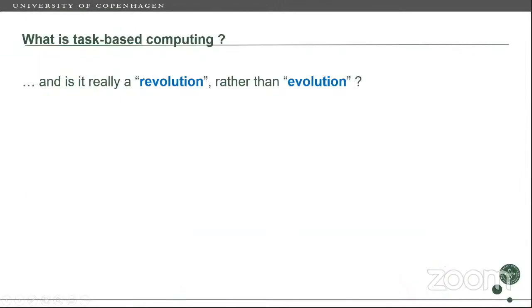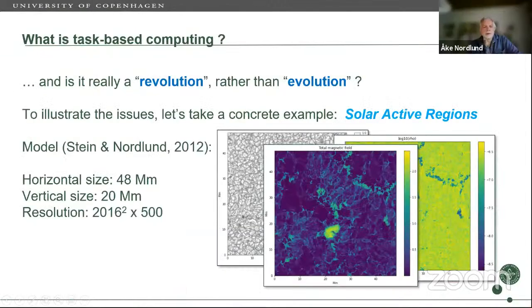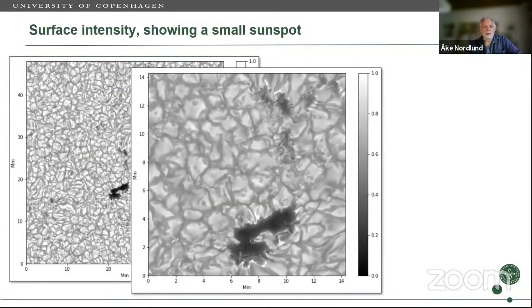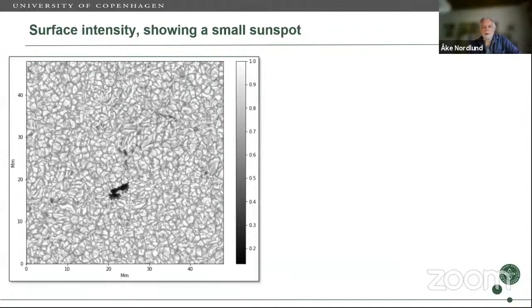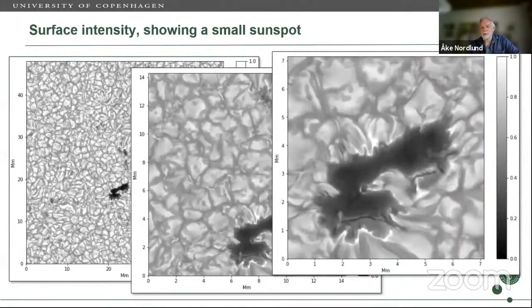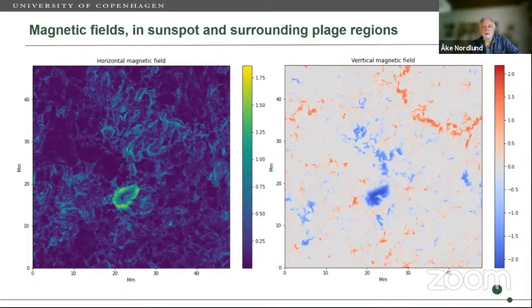Right. So I was talking about these slides showing a solar active region. First of all, a small sunspot, which is of a few megameter size. And here we look at the horizontal magnetic field, which spreads out from the spot.